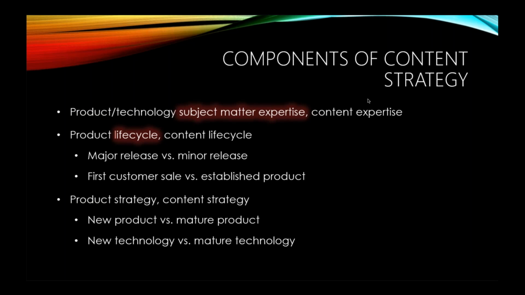It's going to create the content life cycle; they're interdependent. The product strategy and content strategy of a new technology versus a mature technology. So, like I said, the age of the product, the age of the service, how long it's been around, has a key role to play when you're creating content for this product.